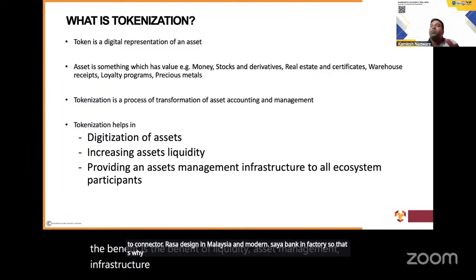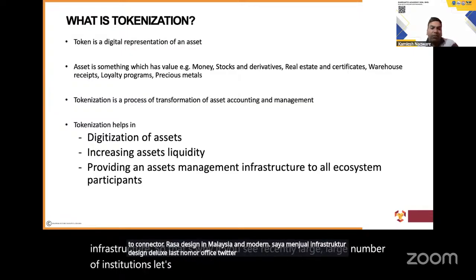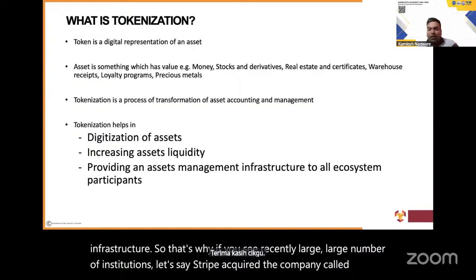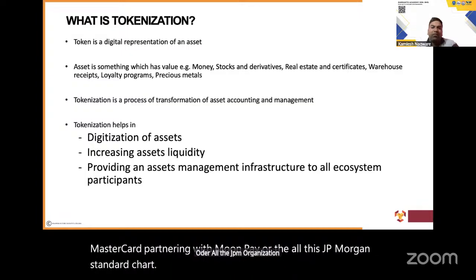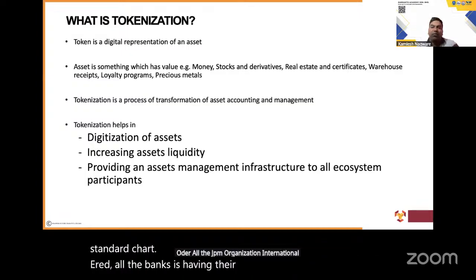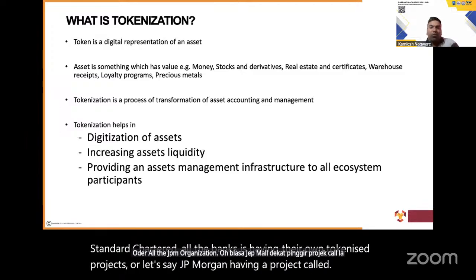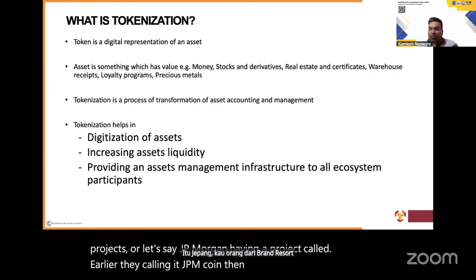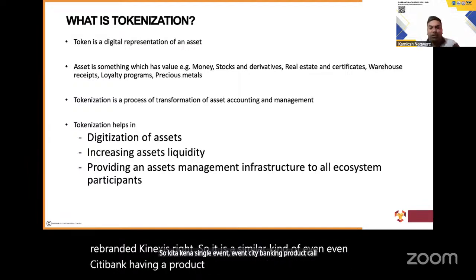That's why recently a large number of institutions are moving: Stripe acquired a company called Bridge, Mastercard is partnering with MoonPay, and JP Morgan, Standard Chartered and other banks all have their own tokenization projects. JP Morgan had a project earlier called JPM Coin, then rebranded as Onyx, now rebranded as Kinexys. Citibank has a product called Citi Token Services, and HSBC has a product called HSBC Orion.